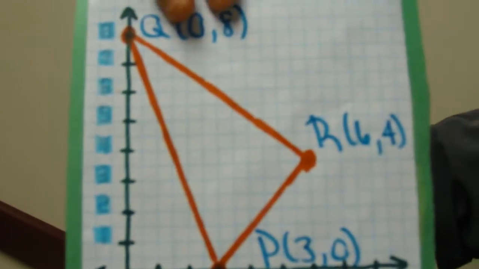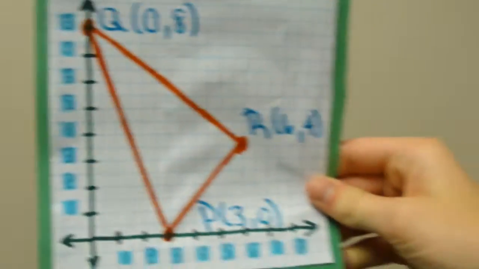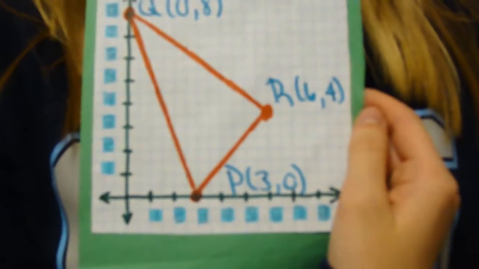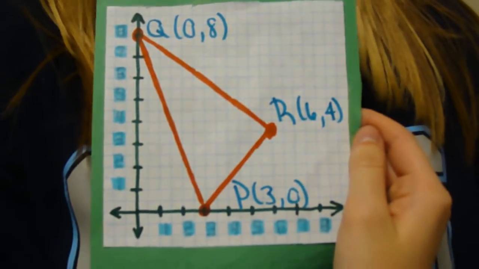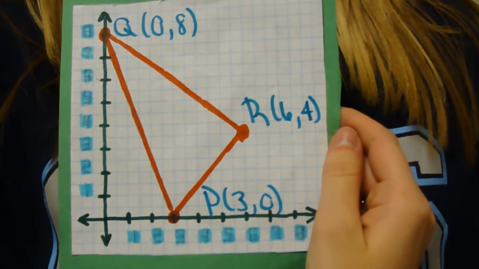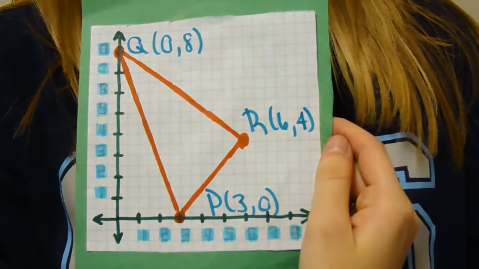First, we're going to understand the problem. The answer will be the coordinates of the centroid of triangle PQR. The important information is the location of the vertices. P is located at 3, 0.